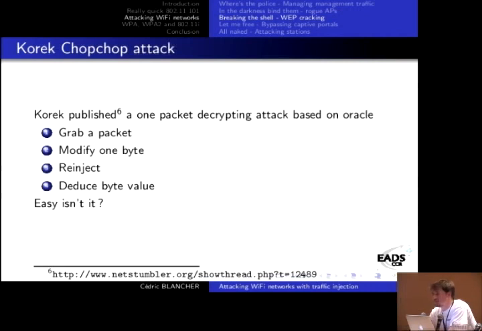You grab a packet and modify it byte after byte, reinject your frame and look at the network, and you deduce if your modification is good or not. Then you can deduce the value of the byte you have modified in the clear text. In the end, it's quite fast. In about 30 seconds, you have decrypted the whole packet. So it's quite easy.